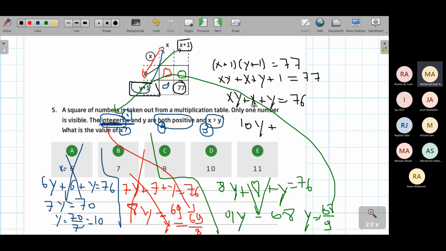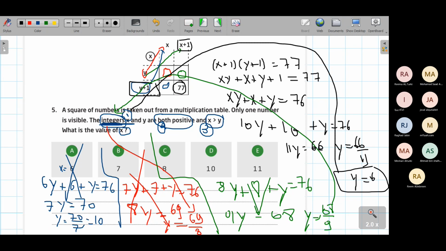plus 10 plus y equals 76. 10y plus y, 11y equals 76 minus 10, which is 66. So y equals 66 over 11, so y equals 6. Now I have an integer.